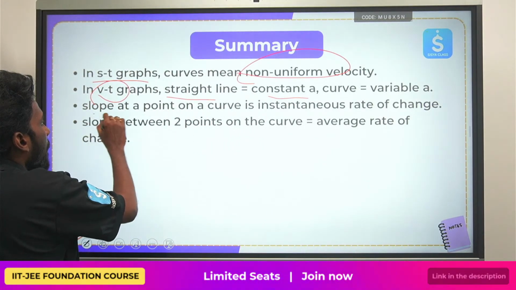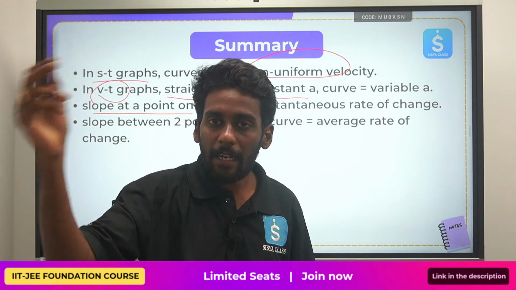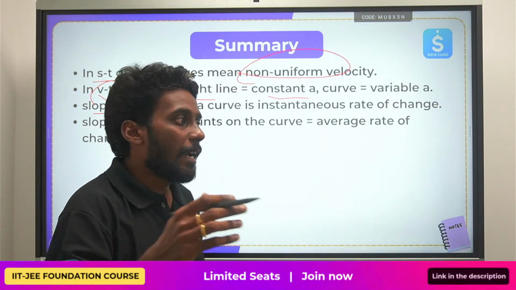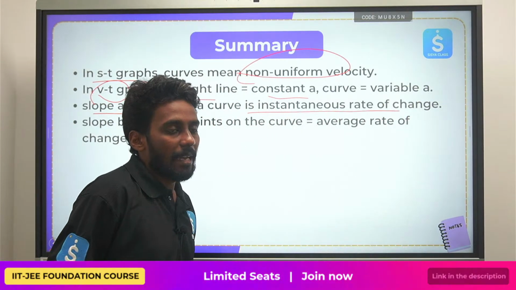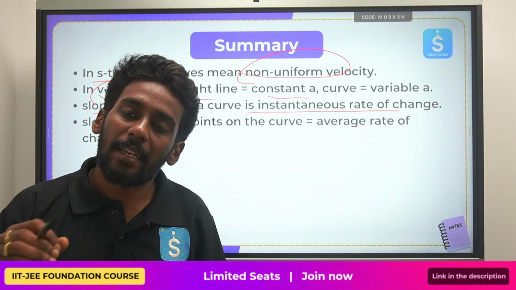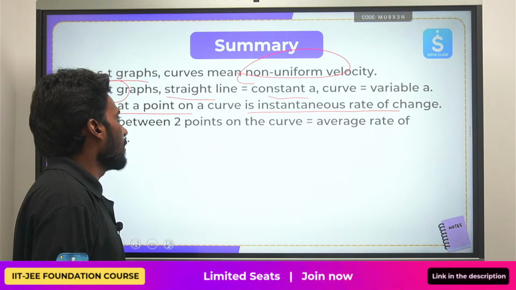Now the slope at any point, if you take on a parabola or any kind of curve, if you draw the tangent and get the slope, it would be giving what? The instantaneous rate of change. It may be the instantaneous rate of change of velocity, or the instantaneous rate of change of displacement.